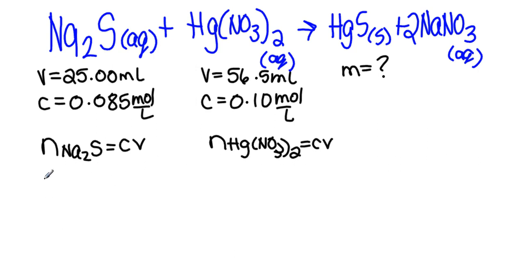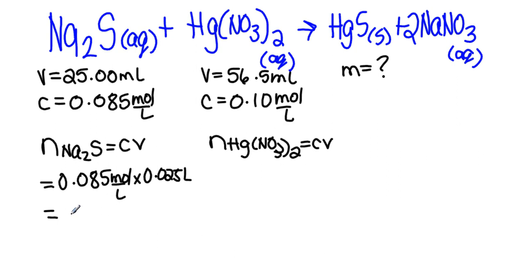So if I'm going to find the limiting reactant, I need to do my calculation. So 0.085 moles per liter. Make sure you change your volumes to liters. And I should get 2.125 times 10 to the negative 3 moles.